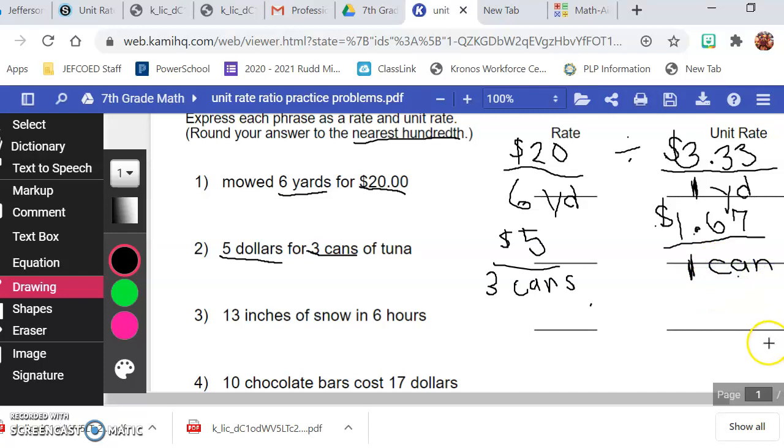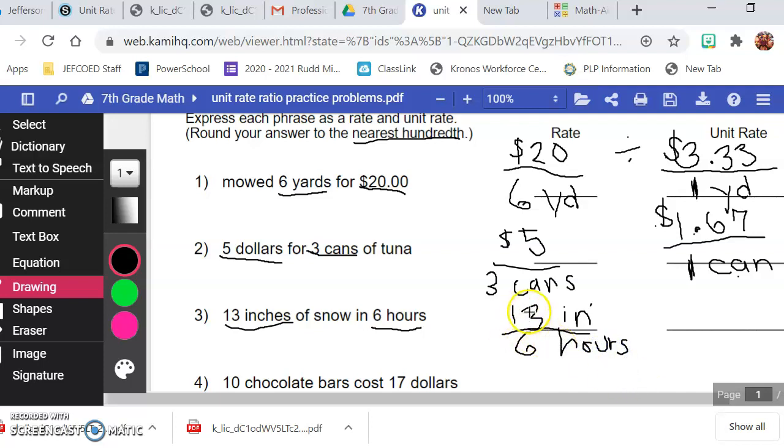All right, let's try one more practice problem. Here we have 13 inches of snow in 6 hours. So 13 is going to be our numerator, so 13 inches. Notice 6 hours is going to be our denominator.